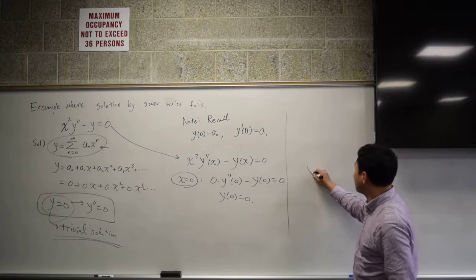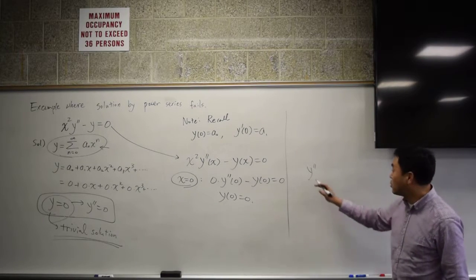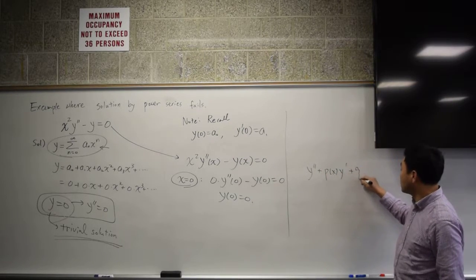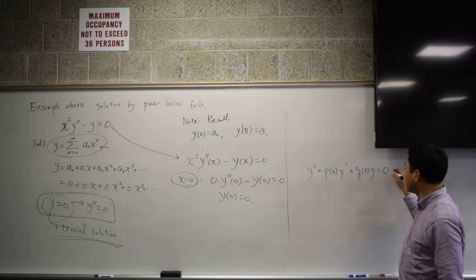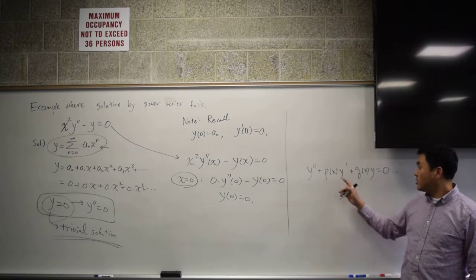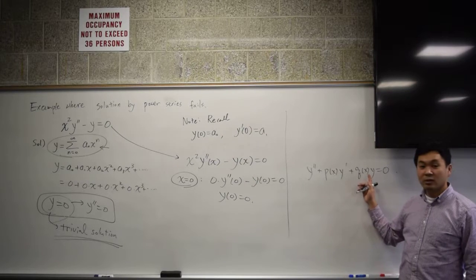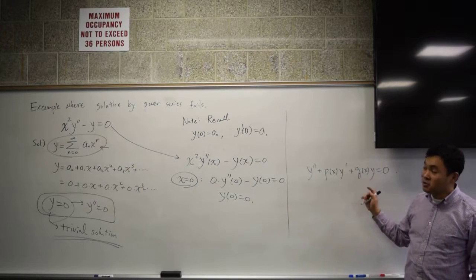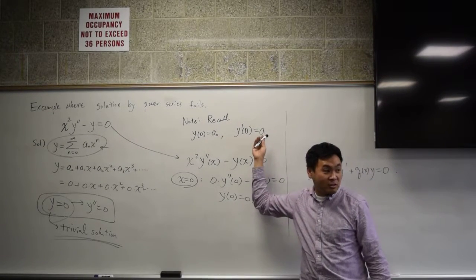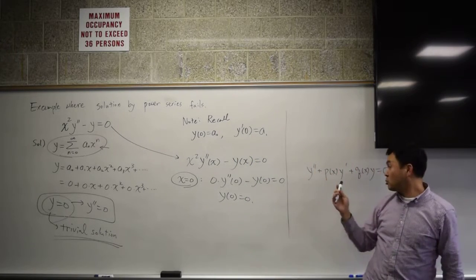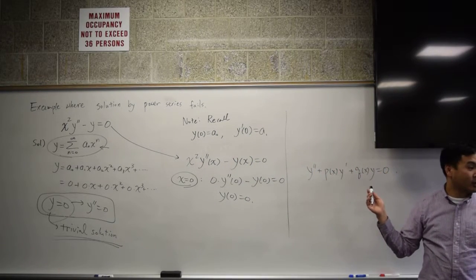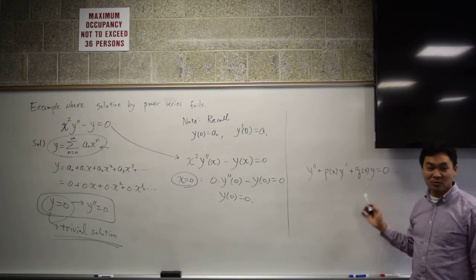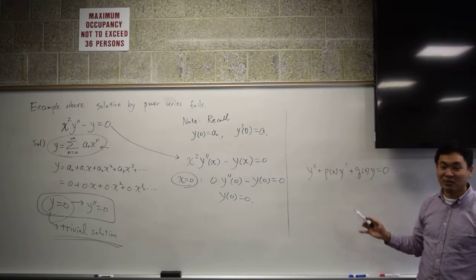If you can write down your second order differential equation as y double prime plus p(x) y prime plus q(x) y equal to 0, and if x equal to 0 does not cause any trouble, then the theorem says that for any given pair of initial conditions, the solution exists and is unique. That's the mathematical theorem, which I refuse to prove. It's very involved, so I don't even want to discuss it.